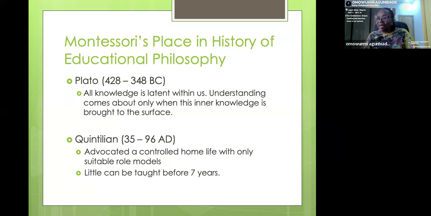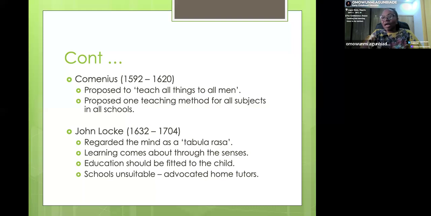He was a Roman educator and a teacher of rhetoric who believed that education should develop character and also prepare students for life. Like I said, this is not our core, so we are not spending too much time here. We will just brush through them, and so we can get to where we're going.